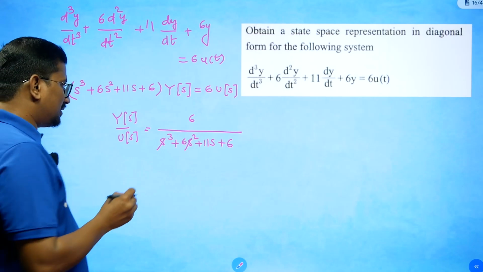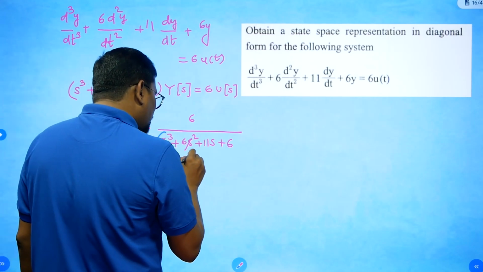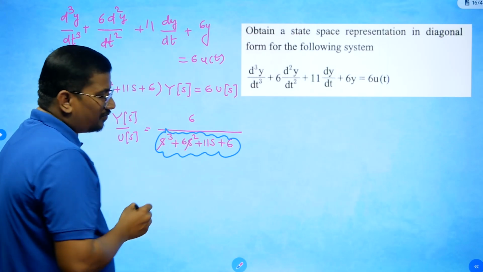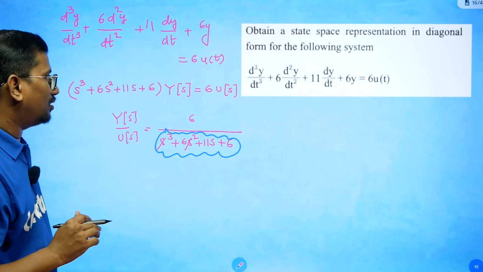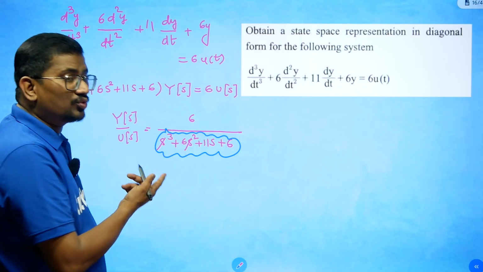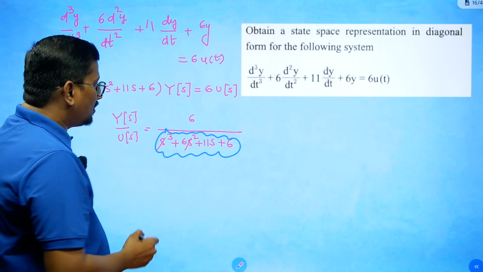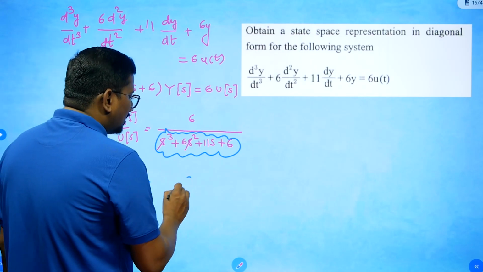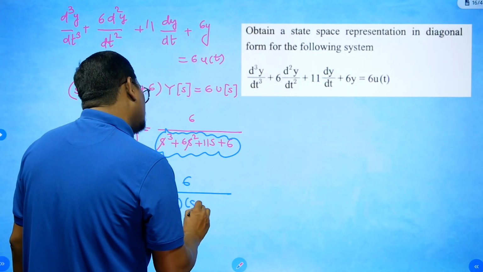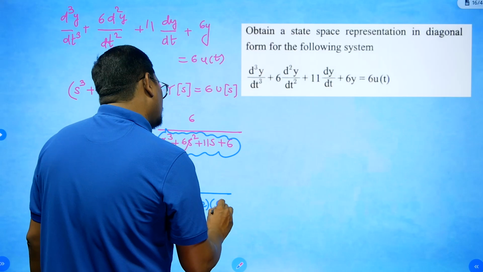So remember this characteristic equation, it is very much useful for you. Most of the time you can expect the same thing when you go to any TRANSCO, GENCO or any PSU examinations, because calculating its roots is difficult since you don't have a calculator. But straight away its roots you can directly take. You can check also: (s plus 1) into (s plus 2) into (s plus 3).